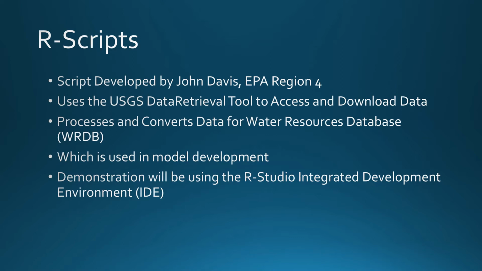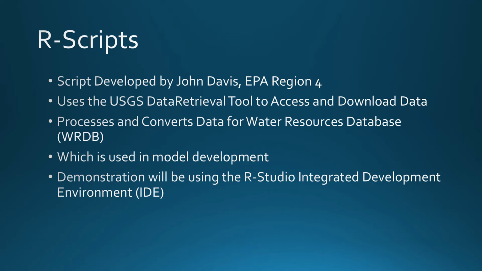It uses the USGS data retrieval tool to access and download the data. You've seen that before. Our twist on this is that it's actually going to process and convert the data for the water resources database and also put it into a form that can be used by the models.